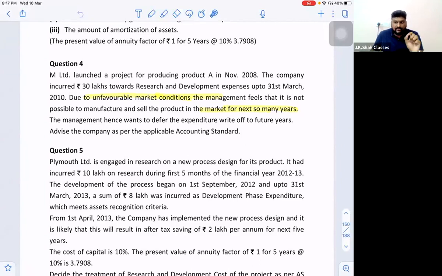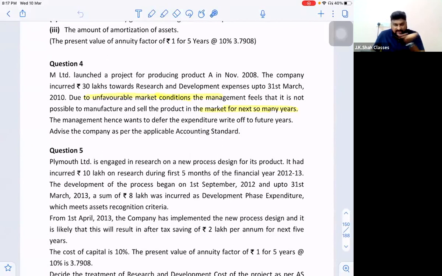No, sir. If you remember, I showed you some 6 points. The 6 points have to be demonstrated by a company so that the intangible asset with respect to development can be recorded. And the 4th point was that future economic benefit should be expected from the intangible asset.